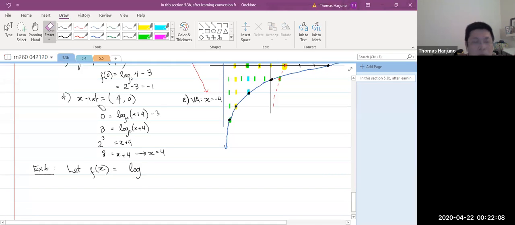Change it. Log base 1/2 of x plus 2, and then minus 1. How about that?